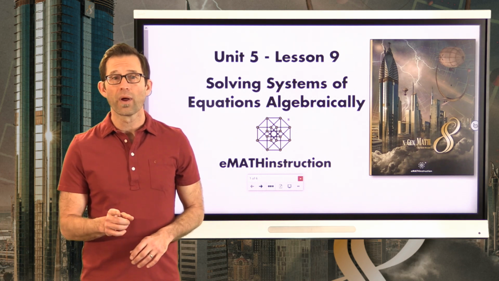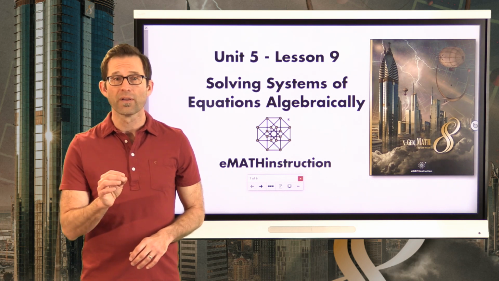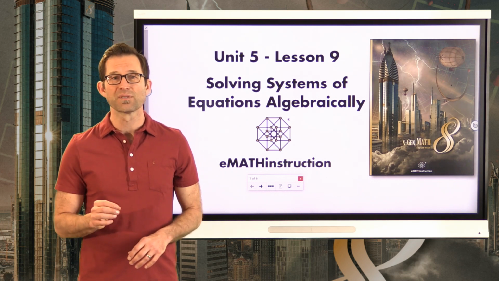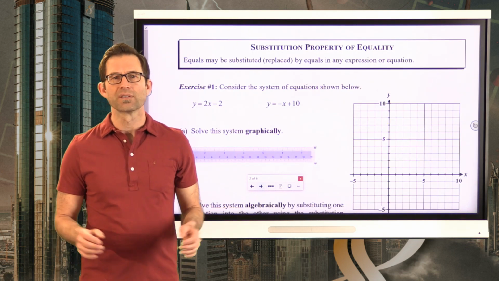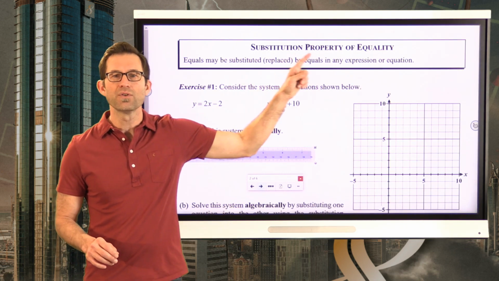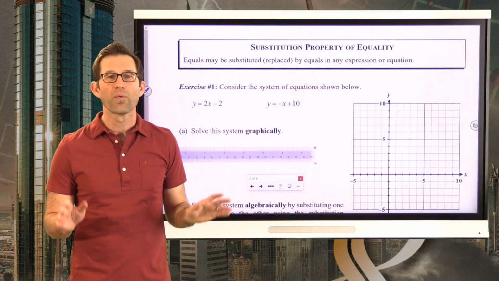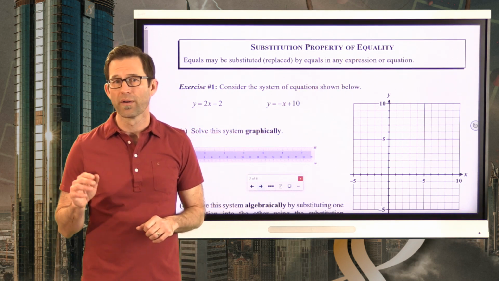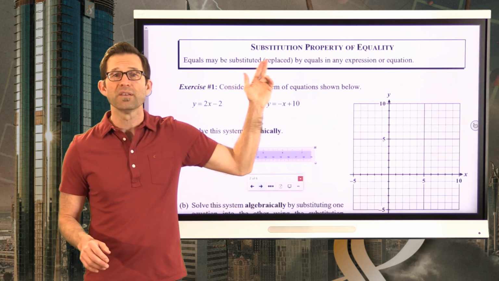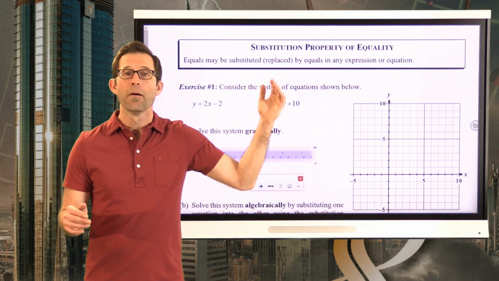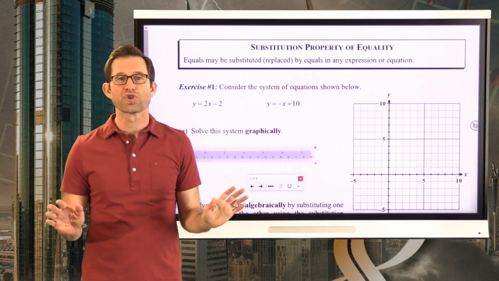So let's jump into it right now, solve one graphically, and then also see how to solve the same system algebraically. Now the key to solving a system of equations will be what we call the substitution property of equality. And by the way, you've used the substitution property of equality many times in mathematics. It basically just says equals may be substituted or replaced by equals in any expression or equation.